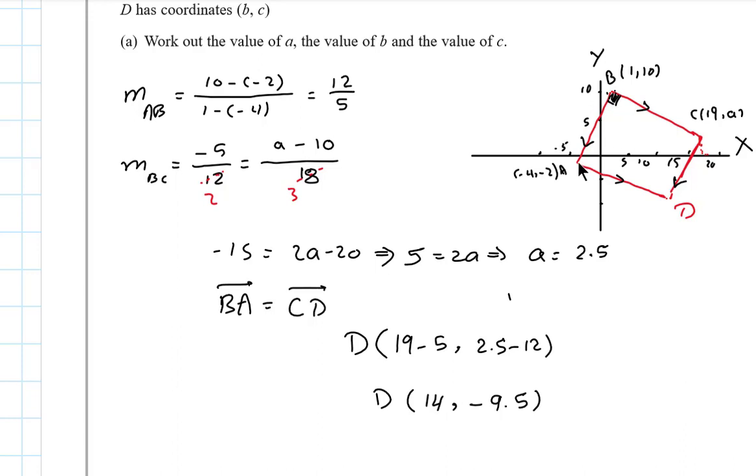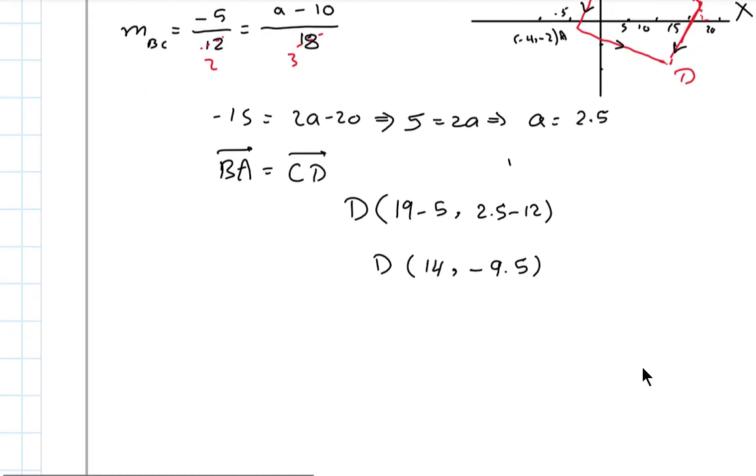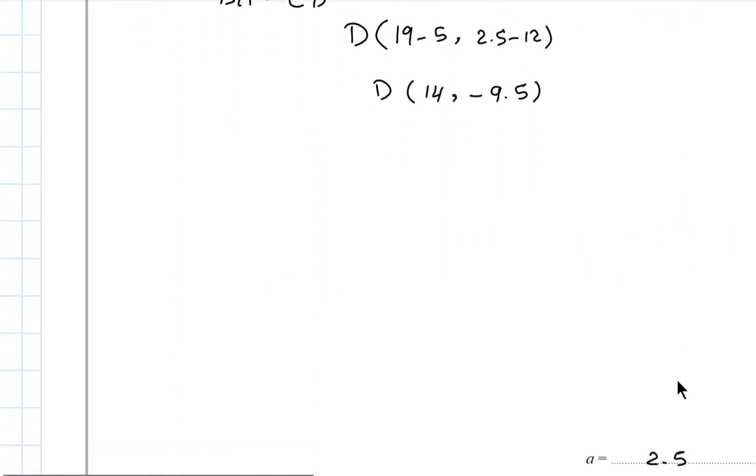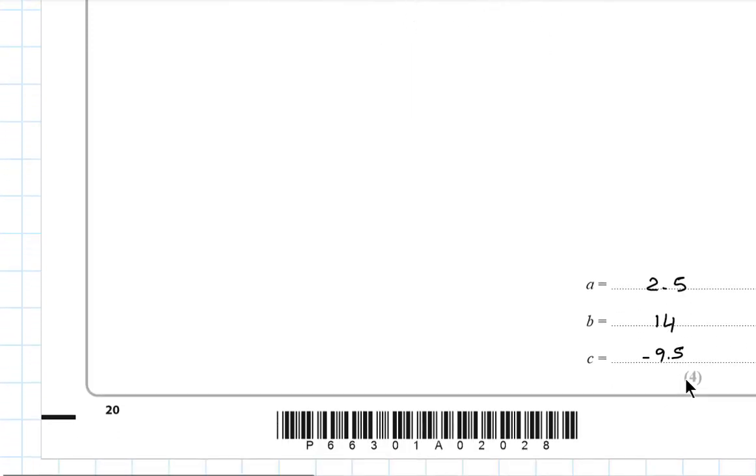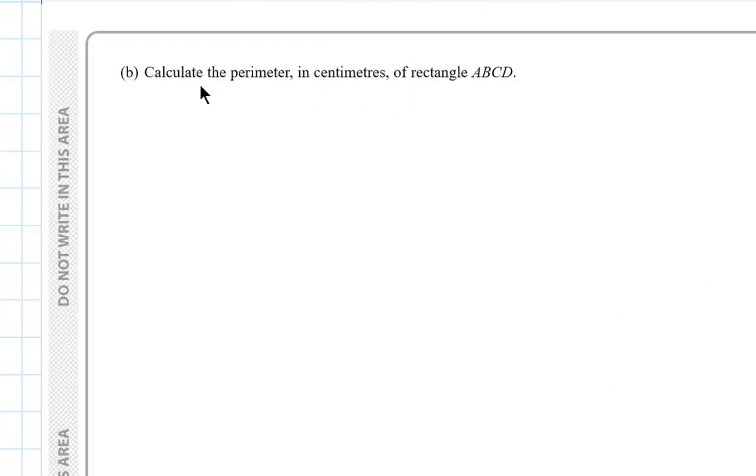So -2 should move -7.5, minus 2, -9.5. So we check our answer, okay? So the values of a, b, and c will be 2.5, 14, and -9.5.